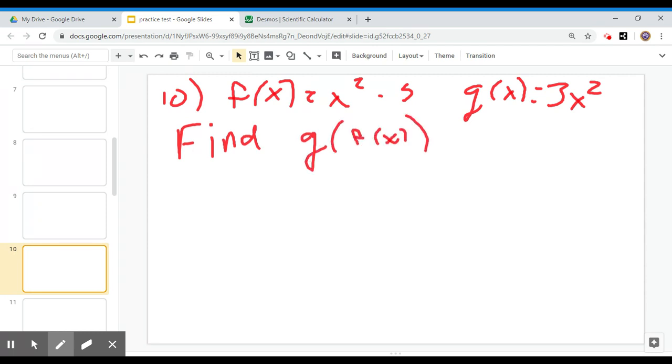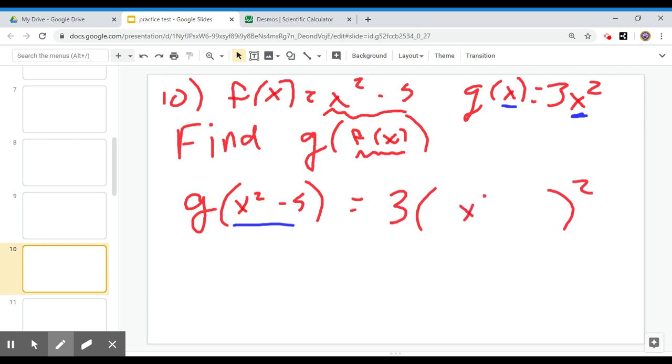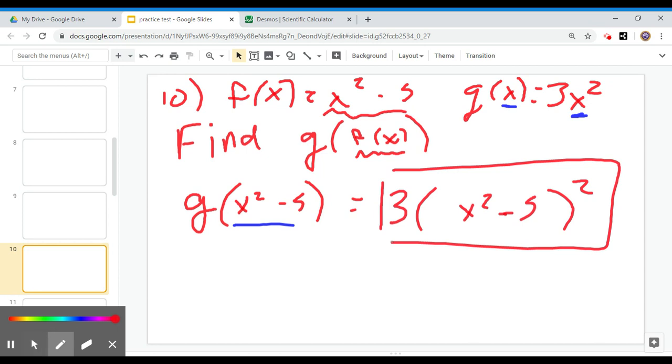So for this, we're going to plug in f of x into g. So what we're looking for is g of x squared minus 5, which means we plug in that x squared minus 5 for x into g. So that's going to be equal to, since g of x is 3x squared, 3 times x squared minus 5, squared. You can just leave it like that.